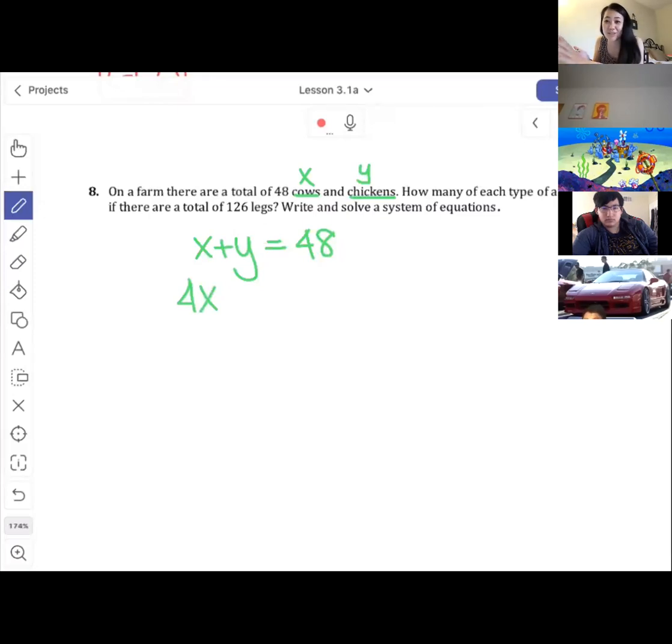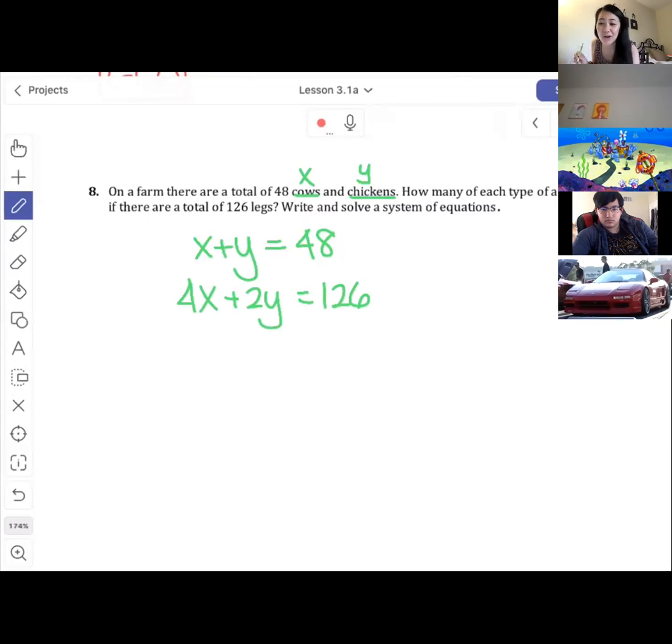How many legs does a chicken have? 2. So how many chicken legs do I have? Oh, would it be plus 2y? There it is. Is equal to? 126. Yeah. You got it. Good job. Okay, let's solve.